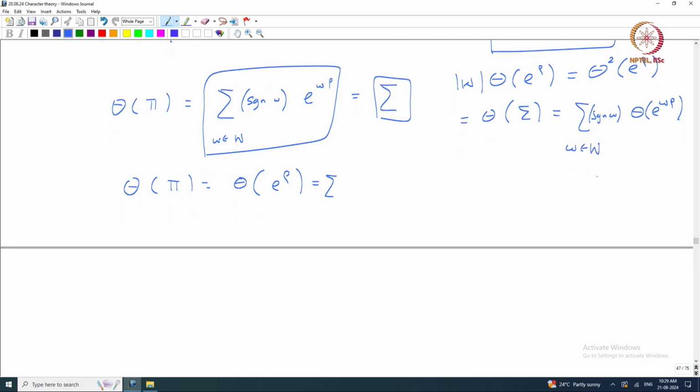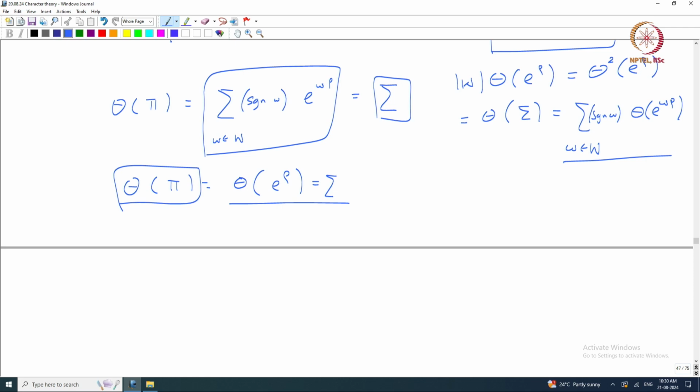So, one side you have, because theta of e power sigma is sigma, which is the same as theta of pi. Actually, one can use theta of pi also there, not a problem, because we want to prove that sigma is the same as that. Yeah. So, we do not need to apply it here, we should apply it on theta of pi.